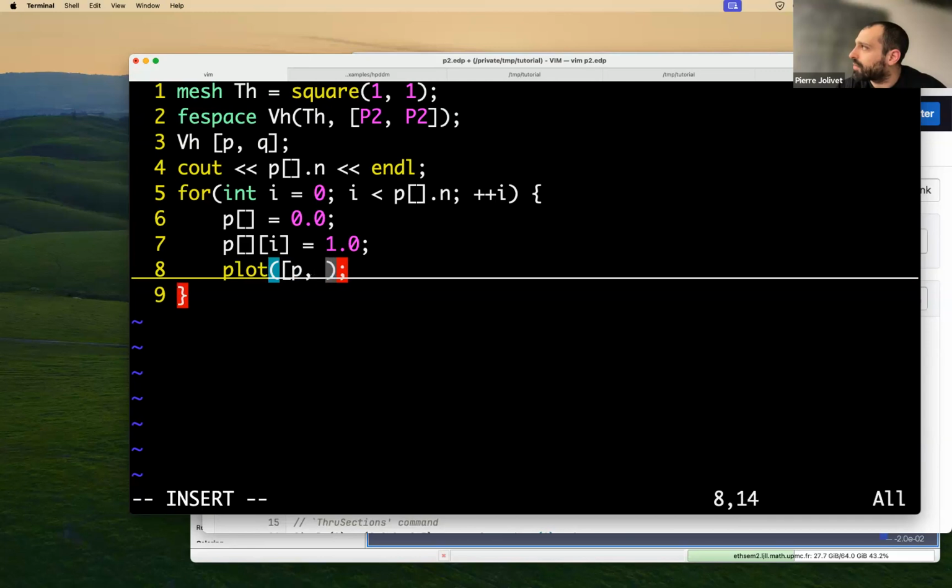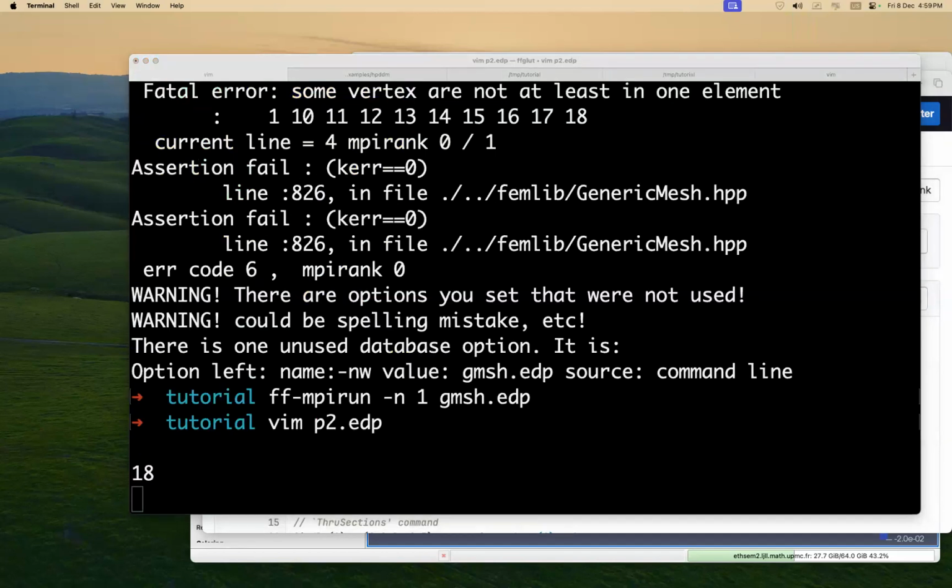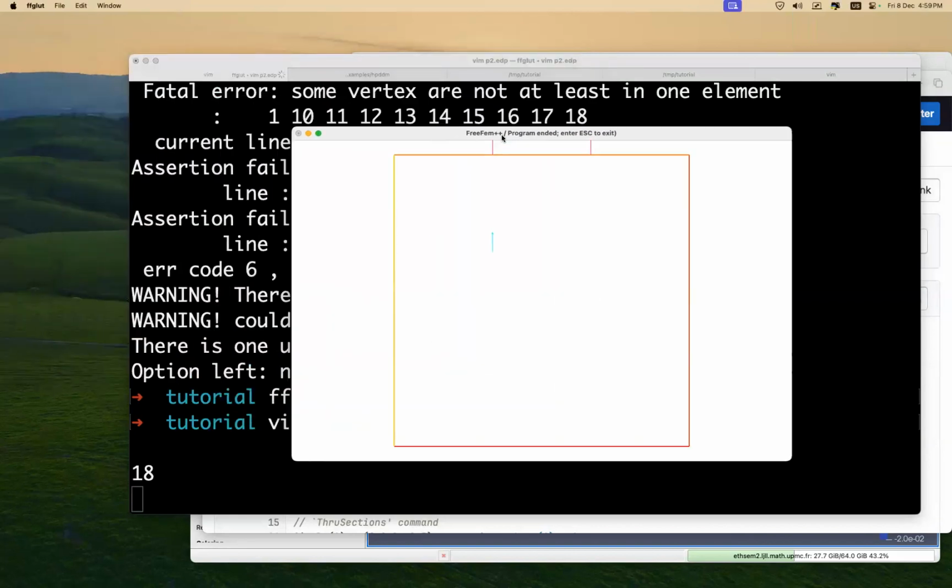What do you mean by one precise value per node? Because it's a P2 element, it's not the precise value, but an approximate value.